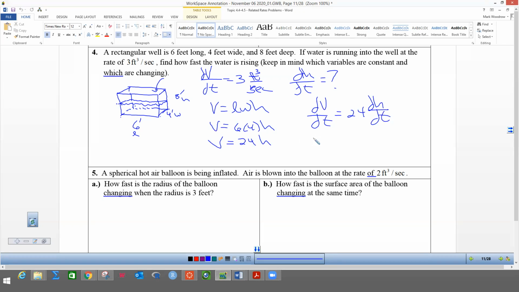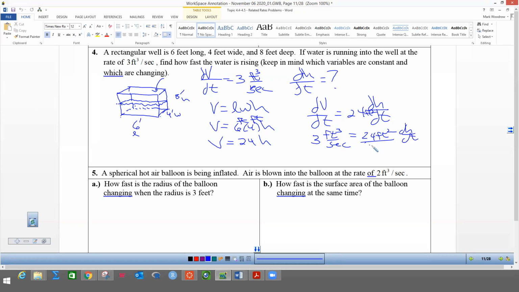And then we're going to stick in there what we know. This is 3 cubic feet per second, which is super fast. And I probably should have put in here, this is feet and this is feet, right? Both those things are feet. So this is 24 feet squared. So that equals 24 feet squared times dH/dt.